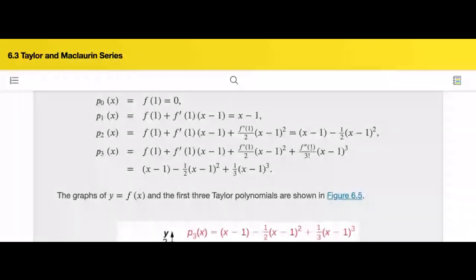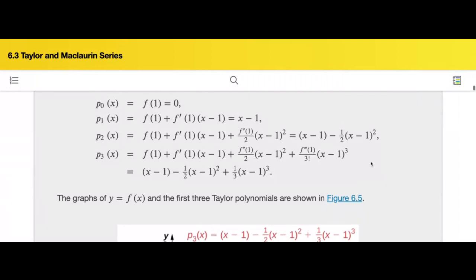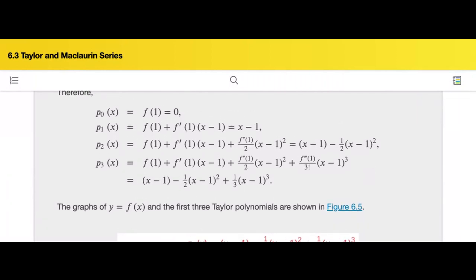So 2 divided by 3 factorial, that's 1/3. So x minus 1 cubed. So we see we have linear, quadratic, and third power terms. The leading term is 1/3 of x cubed. Does anyone have any questions?